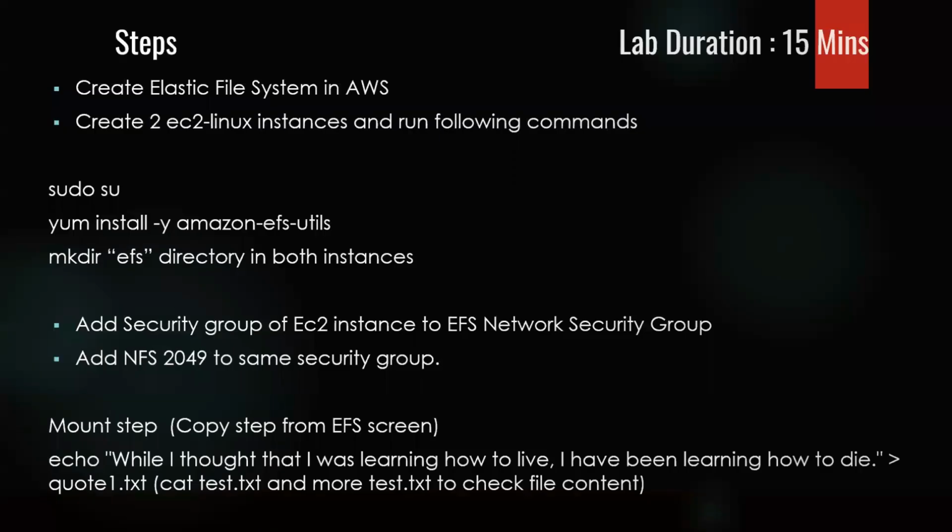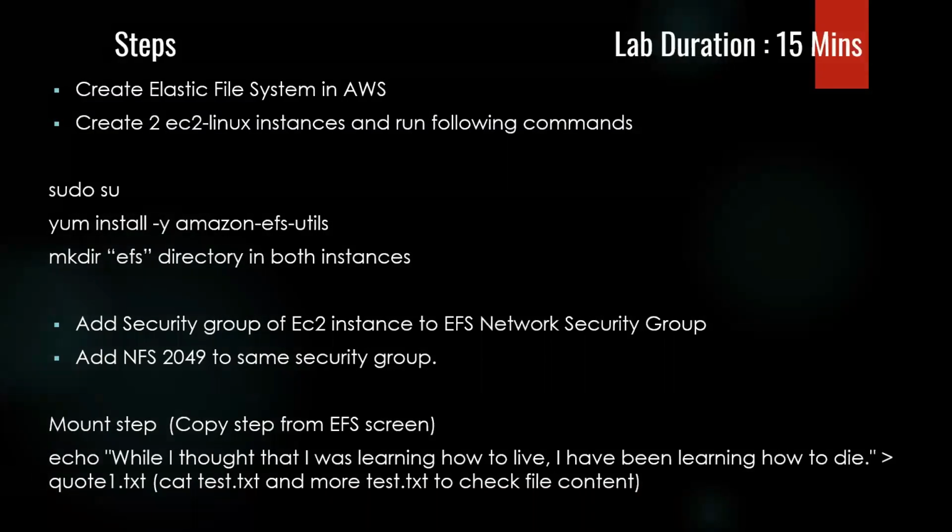These are the steps I am going to perform now to understand what Elastic File System is, and how I can create EC2 Linux instances and mount my Elastic File System on them. I will be using the command sudo su.